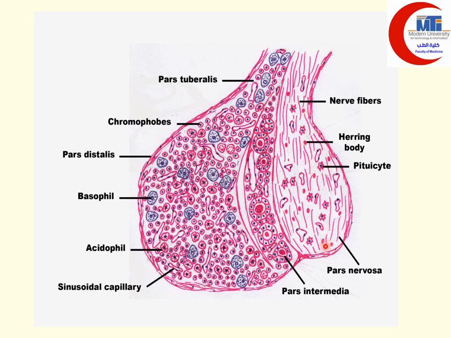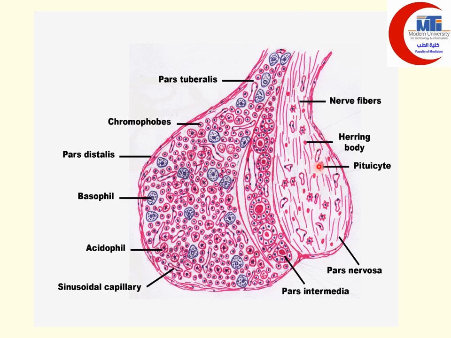Pars nervosa contains these structures: unmyelinated nerve fibers, which are the axons of the supraoptic and paraventricular nuclei of the hypothalamus. And at the end of these axons, Herring bodies, which are the accumulated secretion of oxytocin and vasopressin, which is secreted from the cells of the hypothalamus.